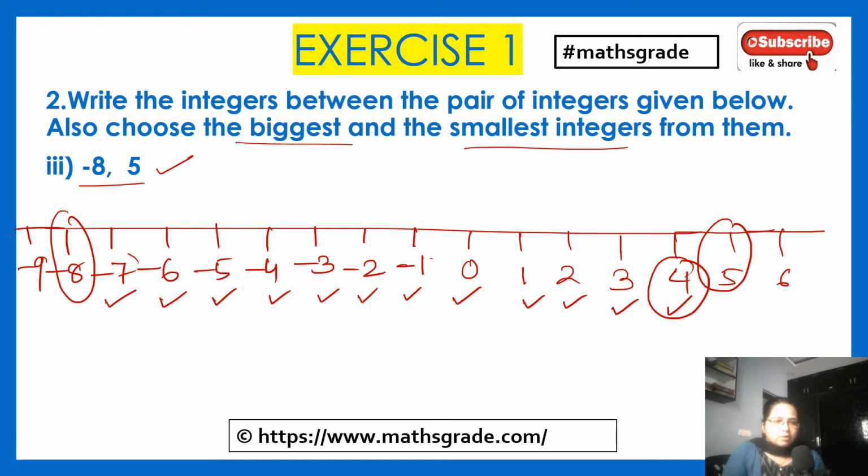So here -7, 7 is the bigger number, but it has the negative sign, so it will be the smallest integer. -7 is the smallest integer, and 4 is the biggest integer.